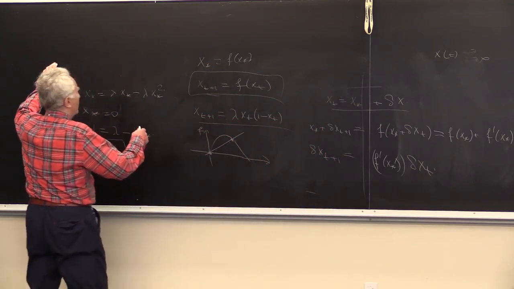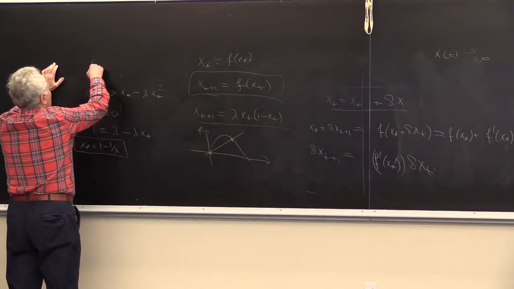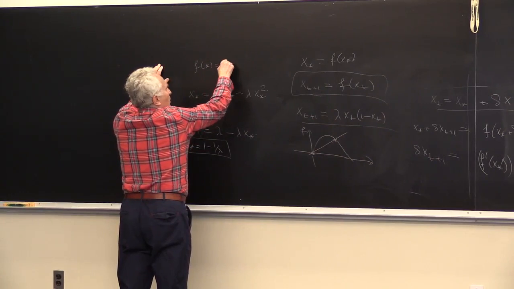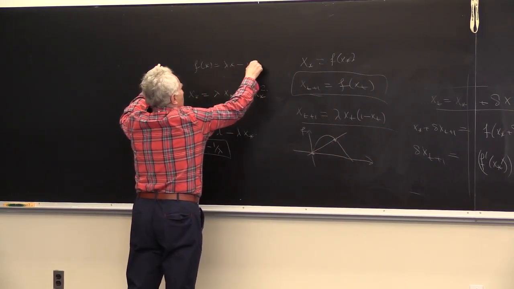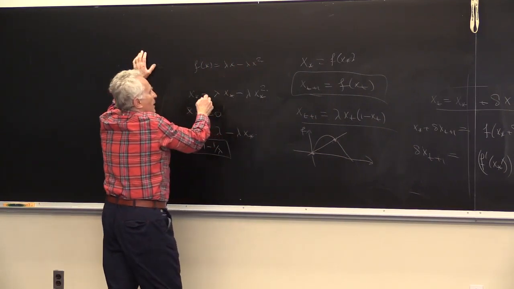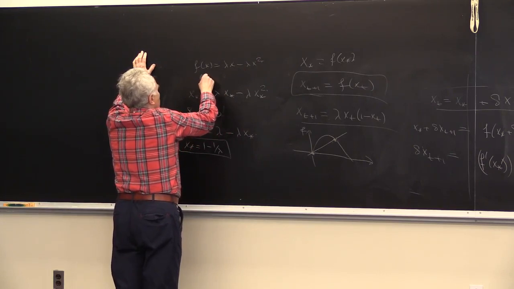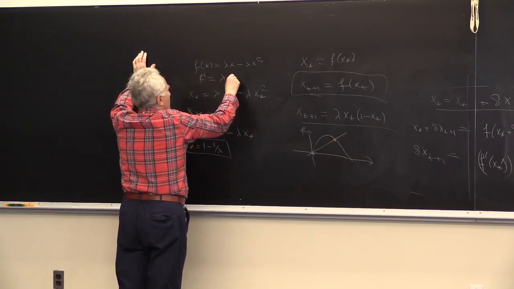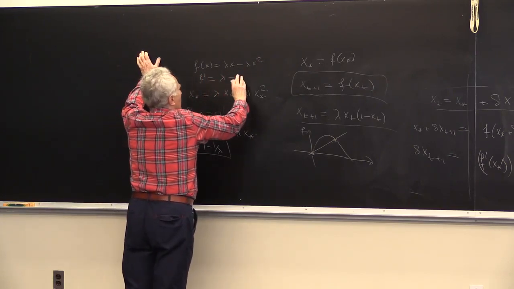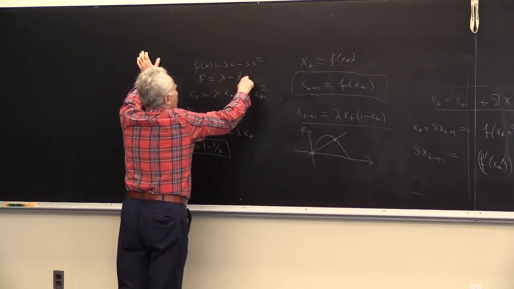We just look at the function f, which is lambda x minus lambda x squared. f prime is lambda minus 2 lambda x.